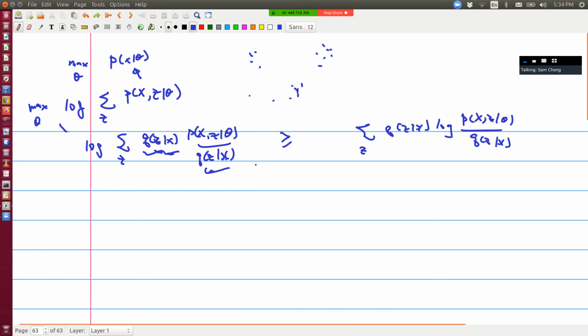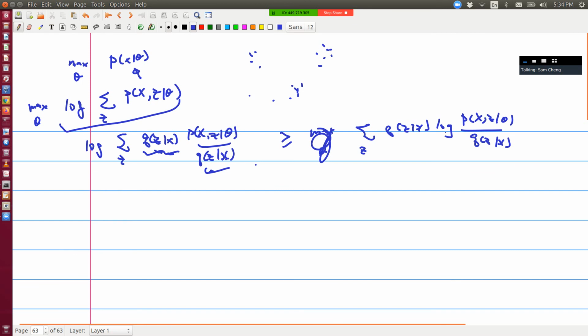So instead of maximizing this guy, I can maximize this guy instead. This is just a strict inequality, because log is a concave function, so it's Jensen's inequality. I can move the log inside.